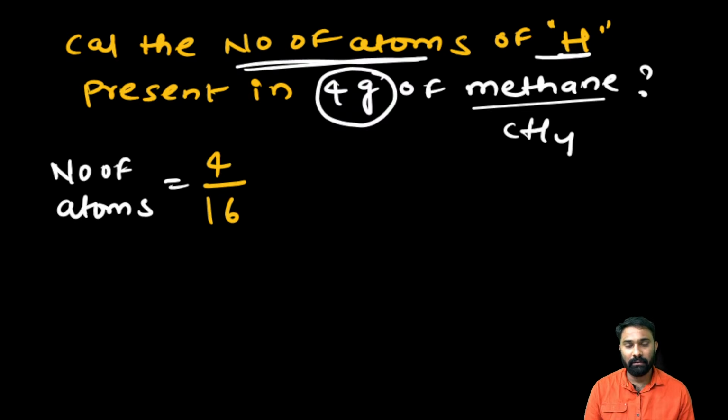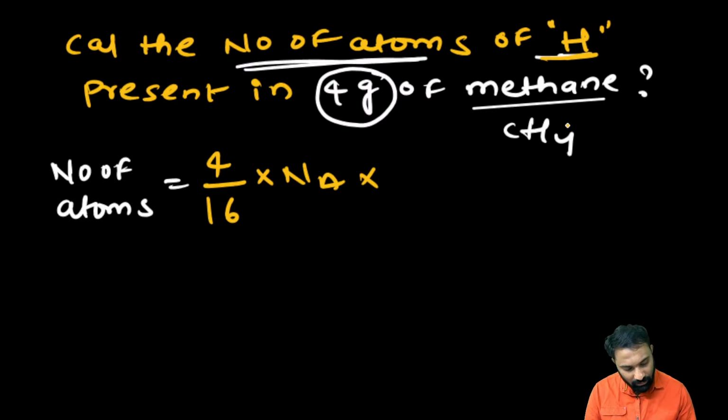My dear friend, JEE is a national level exam. So whether you are in Arunachal Pradesh, Daman and Diu, Kanyakumari or Leh Ladakh, the syllabus is the same. Number of moles will be 4 by 16 into Avogadro number into atomicity of hydrogen only, as it is asking.